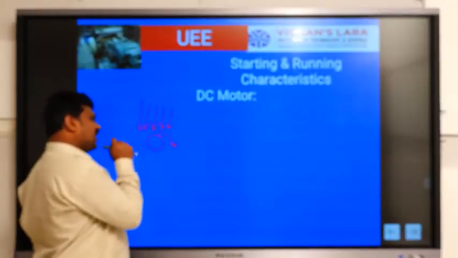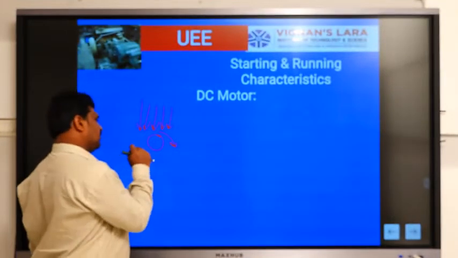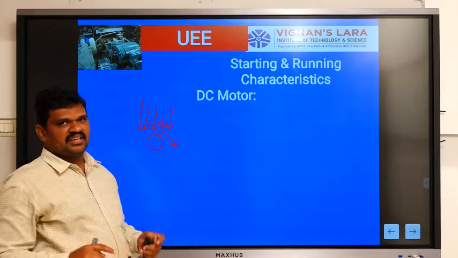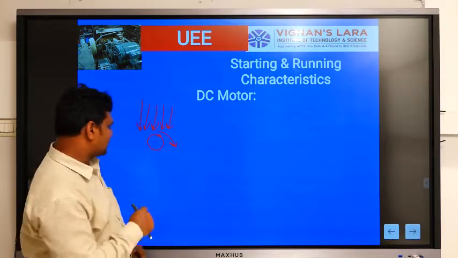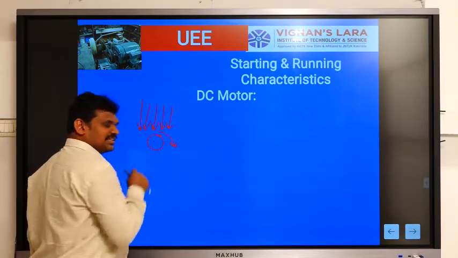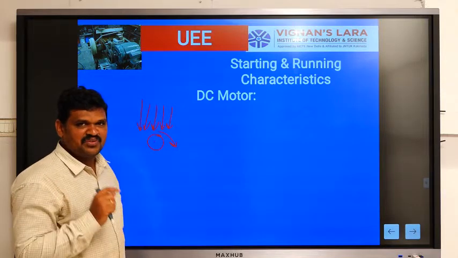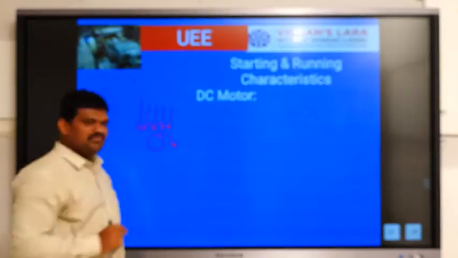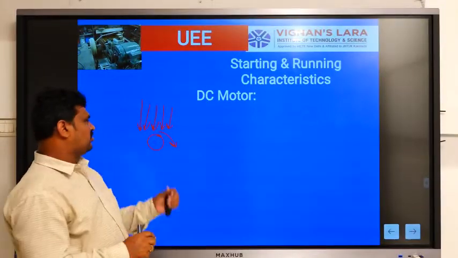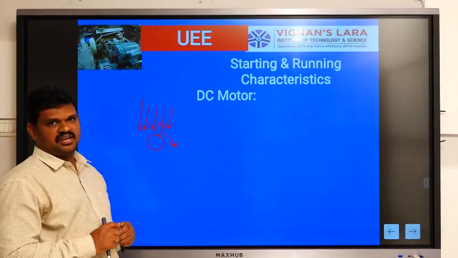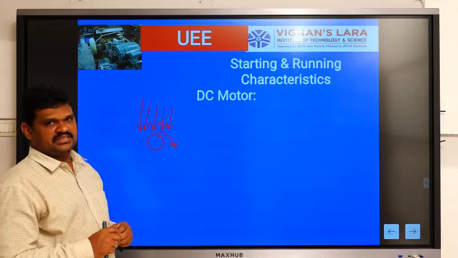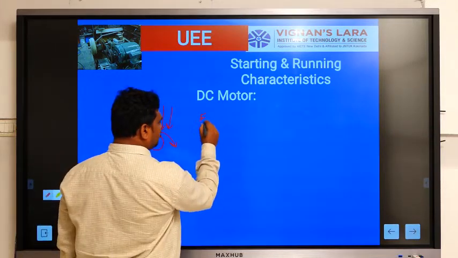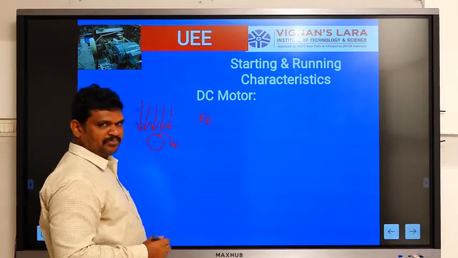It also has a generating action. When the conductor is rotating, it cuts the magnetic flux, and when it cuts the flux, an EMF is induced in the conductor. That induced EMF acts in the opposite direction to the applied voltage, so it is called the back EMF, EB.